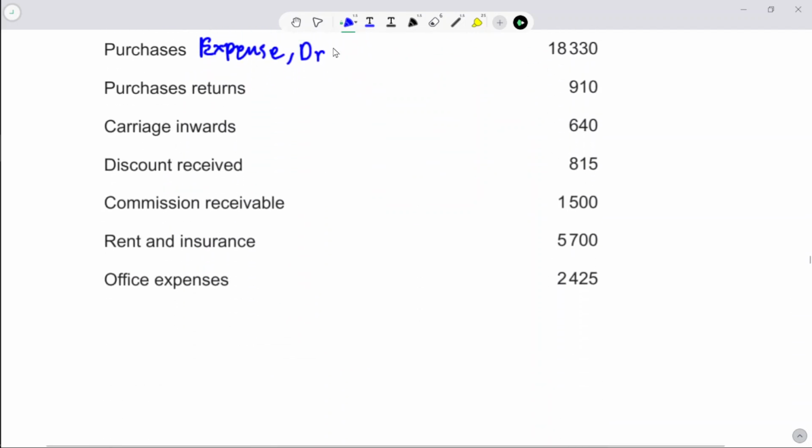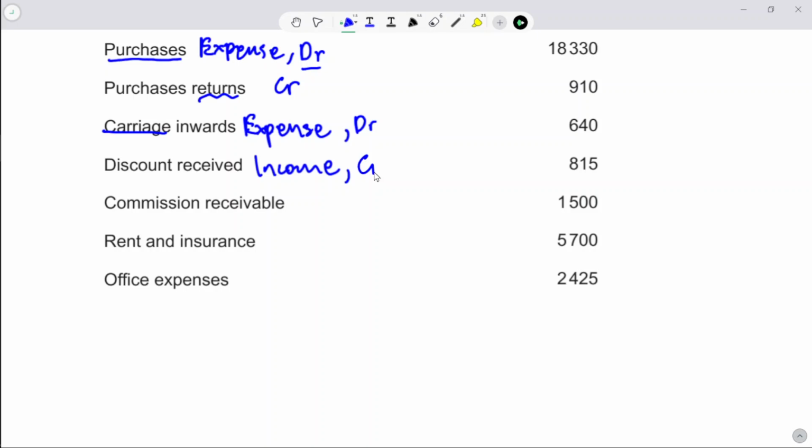For purchase return, we credit. Carriage is an expense, so we debit. Discount received is income, so we credit. Commission receivable is income, so we credit. Rent and insurance are expenses, so we debit. One expense, so we debit.